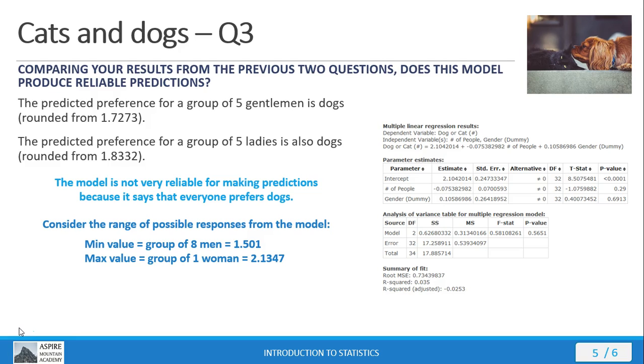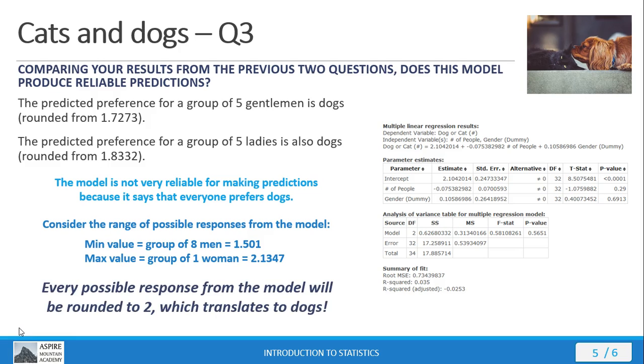So we put those into the model and we get 1.5, which rounds up to 2. If we put maximum variable values into our equation, it would be a group of just 1 woman. And when we do that math, we come out with a predicted value of 2.13, which rounds down to 2. So no matter what you put into this model, no matter the size of the group, no matter the gender of the group, it's always going to predict that the preference is for dogs.